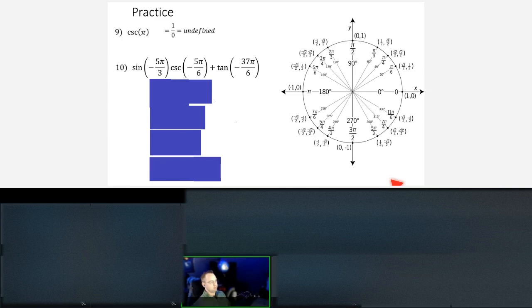Negative 4 radical 3 over 3. Jacob got the same thing. Yeah, so I think it's negative 4 radical 3 over 3. Negative radical 3 minus radical 3 over 3. So, Dianica, yours may not be simplified yet.